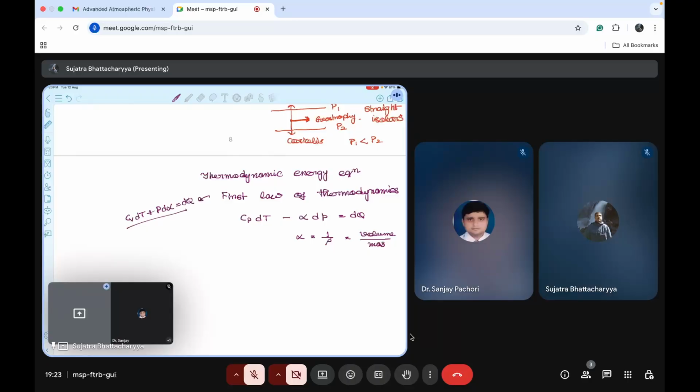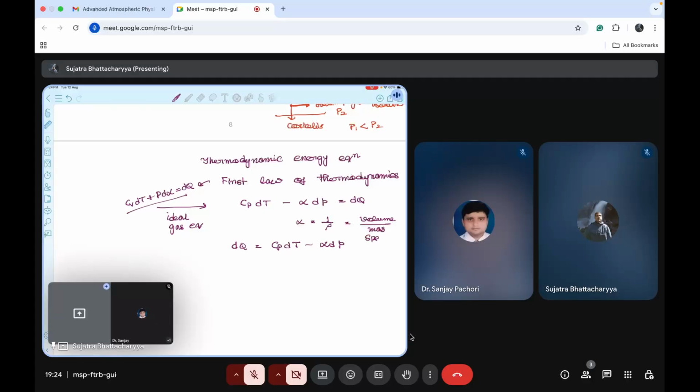If you apply the ideal gas equation, you can convert it into this. Let us start from here: dq is equal to Cp dT minus alpha dp. Alpha is called the specific volume, specific because it is per unit mass. This is just naming.